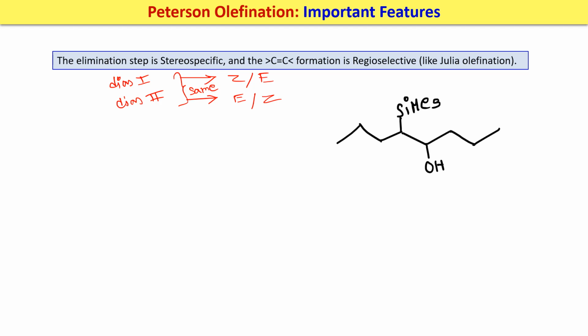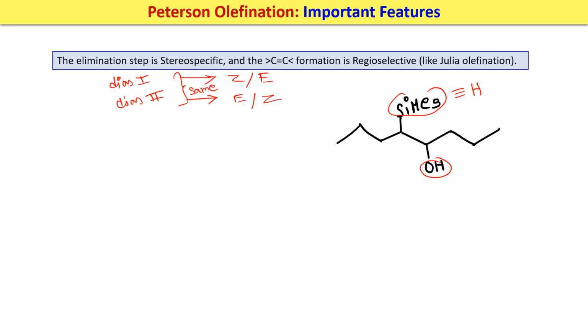It is regioselective because this SiMe3 group and OH will be removed ultimately. And see, there are so many hydrogens also present at alpha position with respect to OH, but they will not be removed. Only SiMe3 and OH will be removed. So you can consider it as if it is equivalent to some proton, and proton is removed in the presence of base.